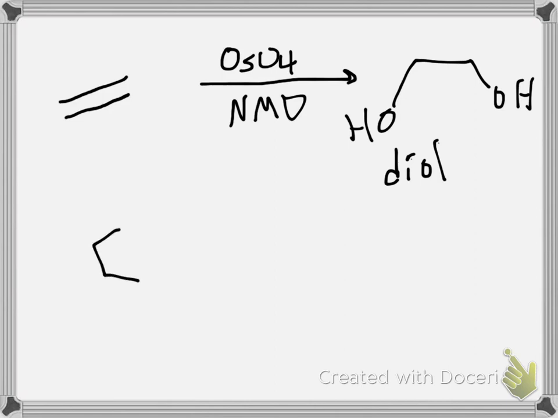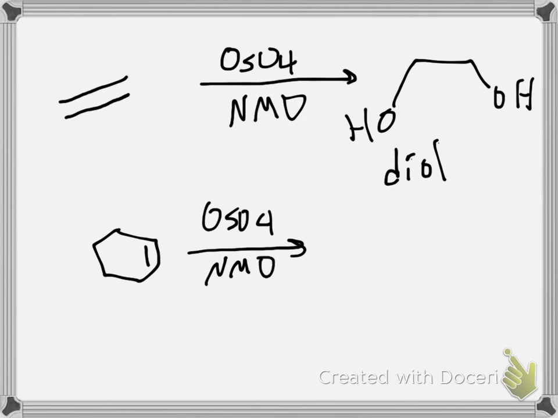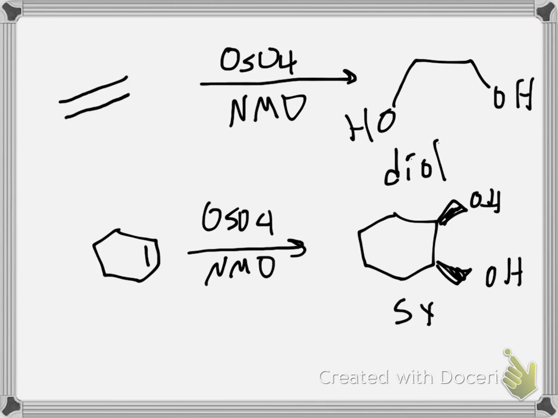If you carry out this reaction with a cyclic alkene, so OsO4 and NMO, what happens is that the hydroxyl groups add syn.